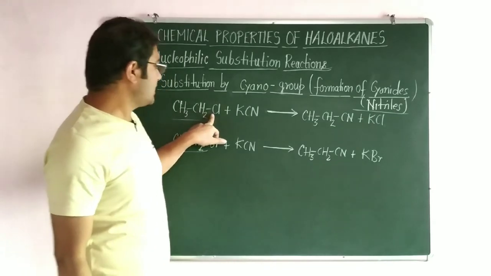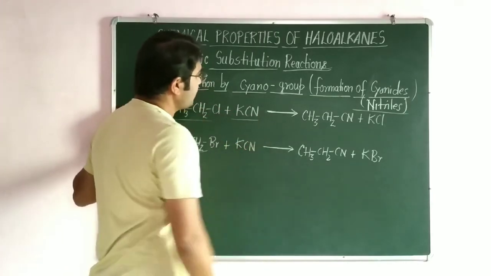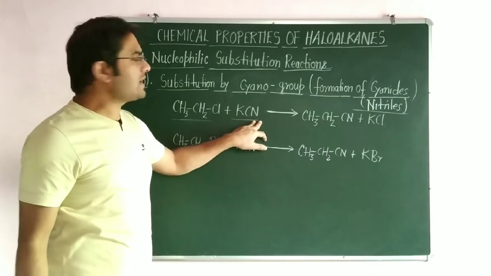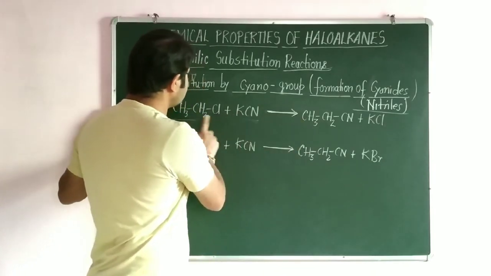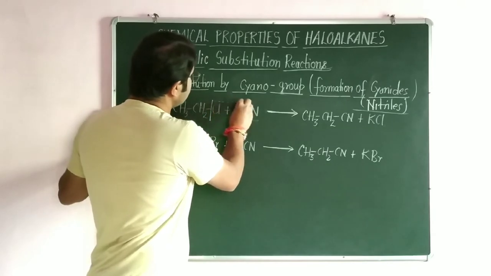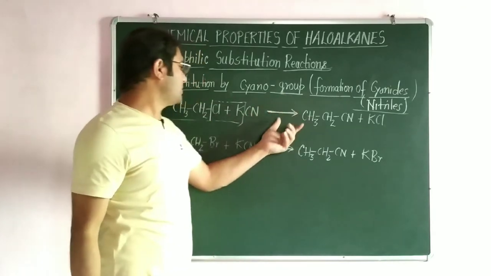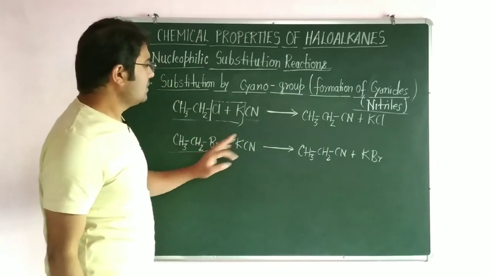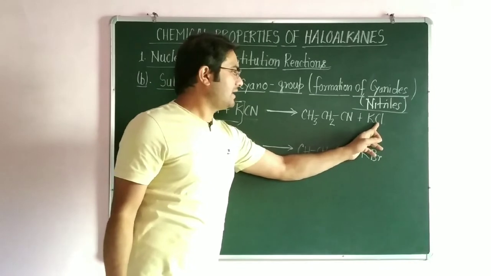CH3CH2Cl when treated with alcoholic solution of potassium cyanide, KCN, forms CH3CH2CN with the elimination of KCl. All these reactions are very simple because simple substitution is taking place here.